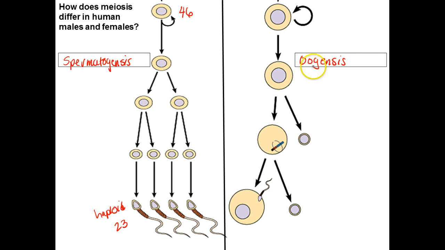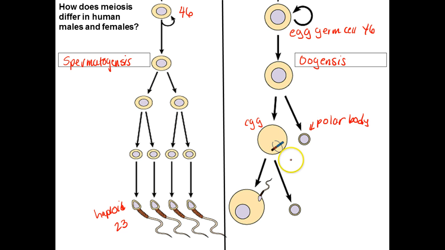Yes, it is with 2 O's. And you start off with a germ cell, an egg germ cell, with again 46 chromosomes. Now, at the end of meiosis 1, you're going to have an egg cell, and it produces a non-functional cell called a polar body, which will basically disintegrate.